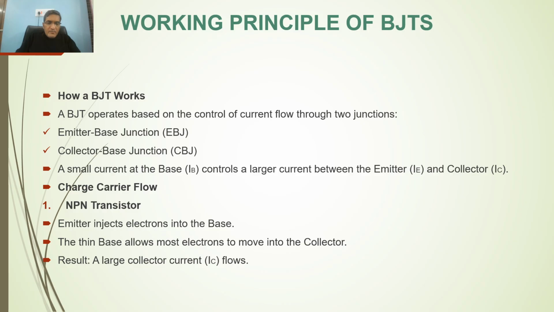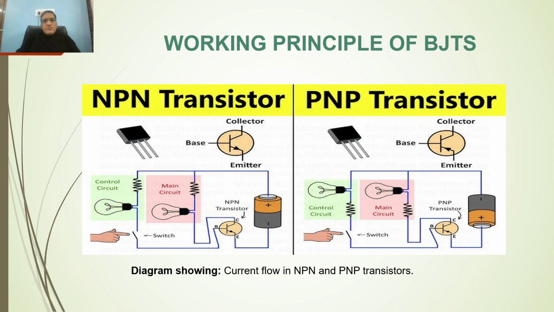So a very small recombination occurs in the base, and this is the basic reason why the base current is in microamperes. This is again a very nice figure to help you understand the collector, base, and emitter. Just see and watch.